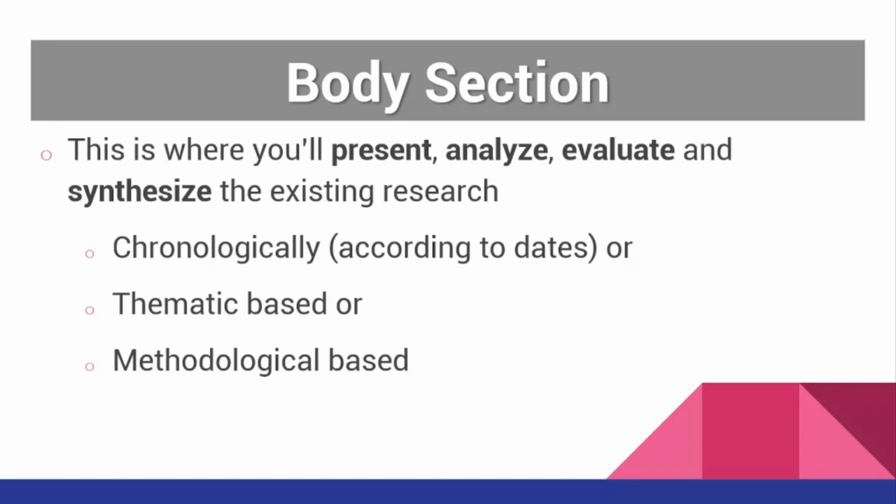So you are going to get a body of knowledge from research that has been conducted, and you're going to integrate it into your study. Now, there are 3 ways in which you can go about this. You can either use a chronological way of presenting existing literature, or a thematic-based approach, or a methodological-based approach. You don't have to use all these 3 in the same literature review.